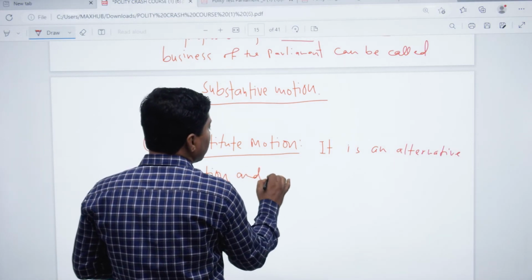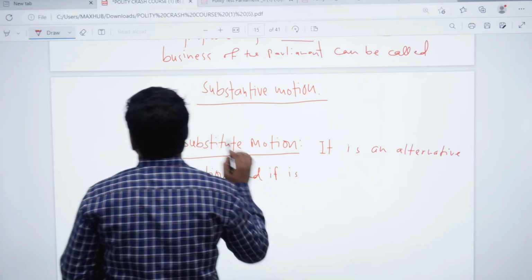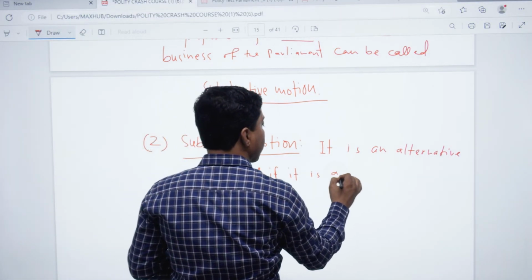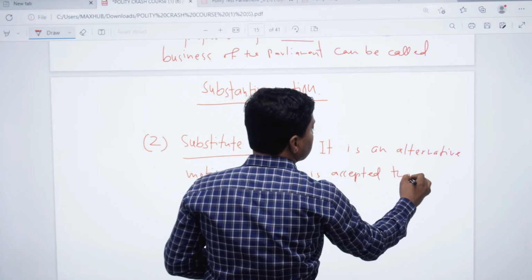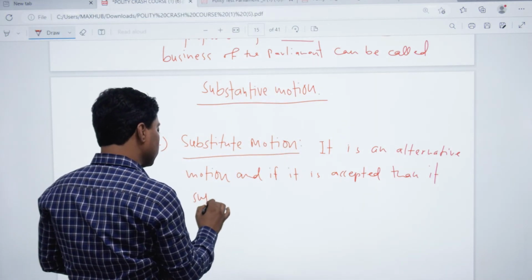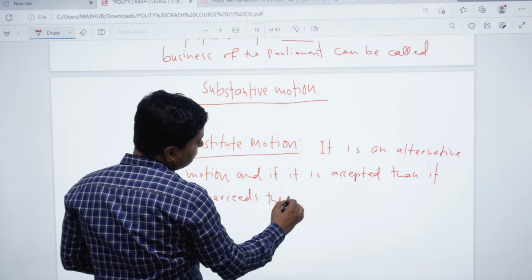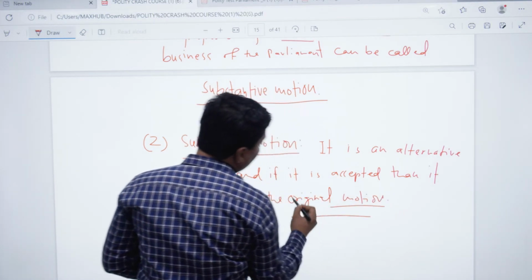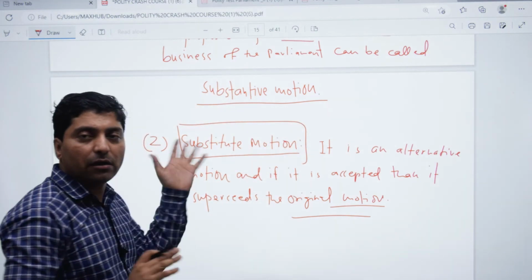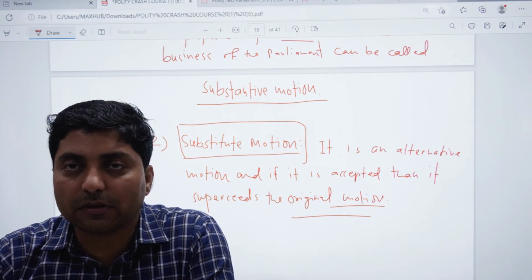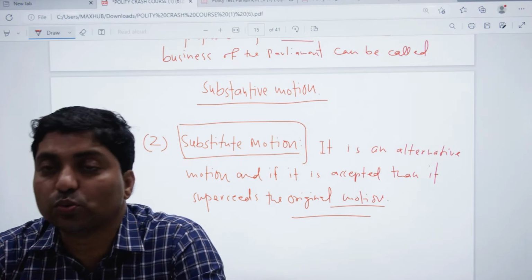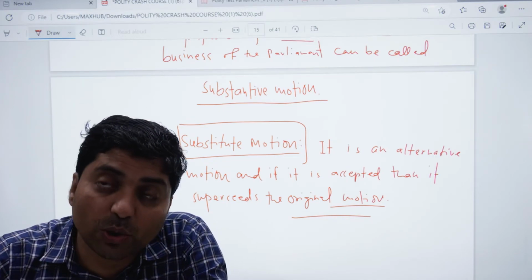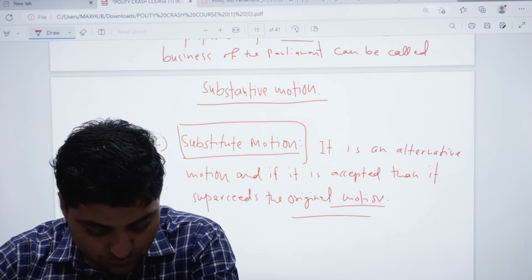And if it is accepted, then it supersedes the original motion. ये ओरिजिनल मोशन को खा जाएगा, यानी अब जो बहस होगी, अब जो काम होगा वो सब्स्टिट्यूट मोशन का होगा. वो मोशन गया, काम से गया, because you have introduced a motion that is willing to substitute the original one. That is why it is called substitute motion, right?